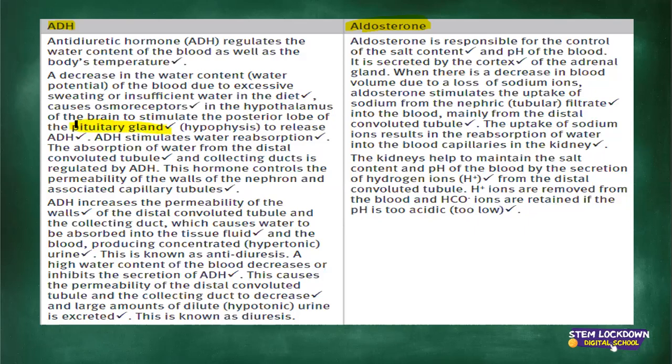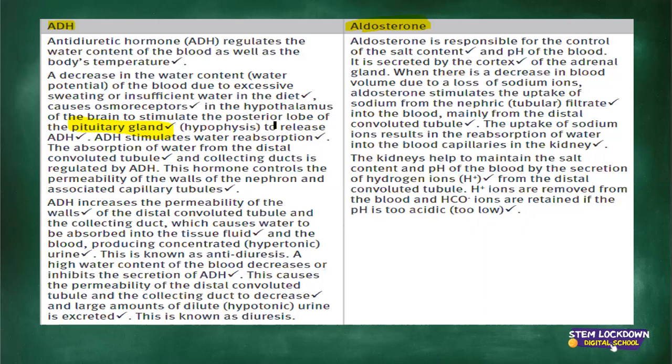It's also called the master gland. Why? It is involved in the processes of most other glands, not all, just most of them. Another name for the pituitary gland is hypophysis. So it stimulates it to what? To release ADH. So ADH is released from the pituitary gland, which was stimulated by the hypothalamus.